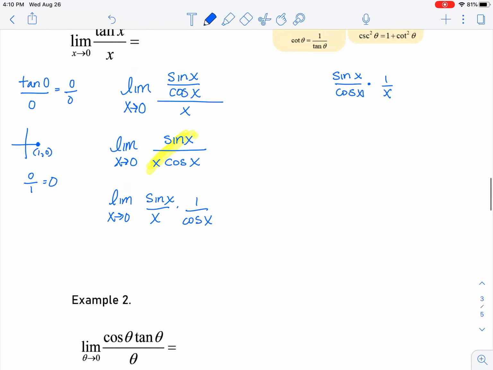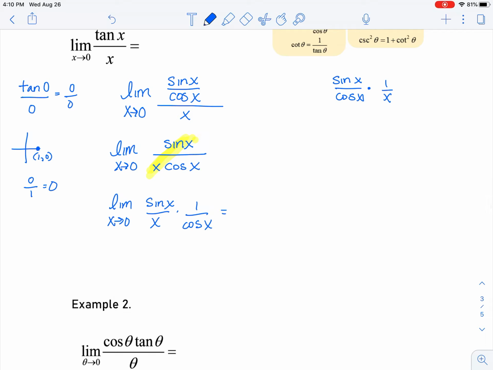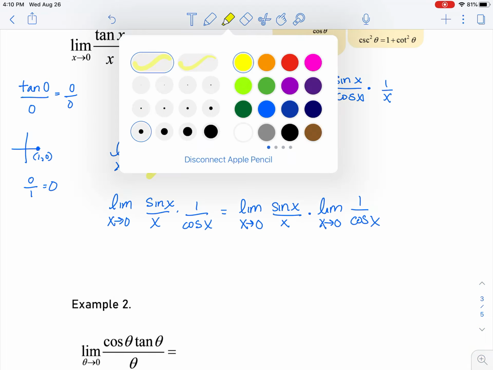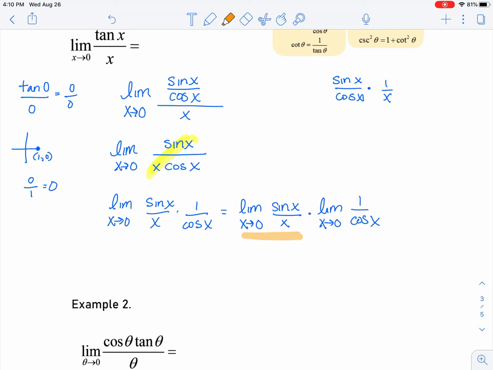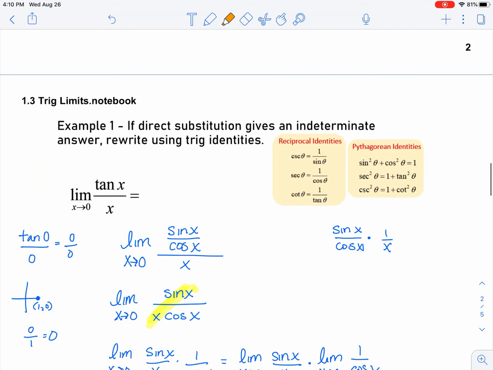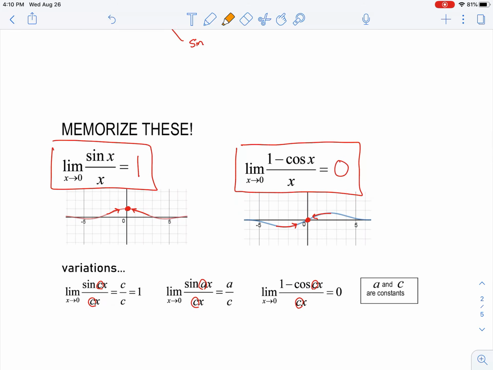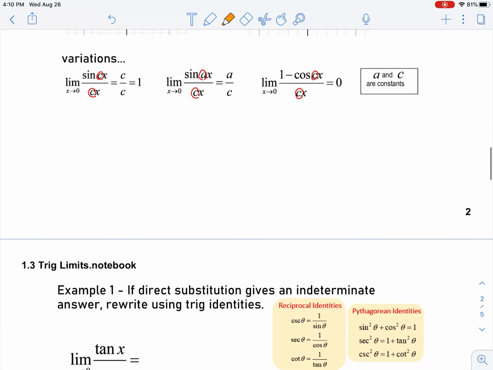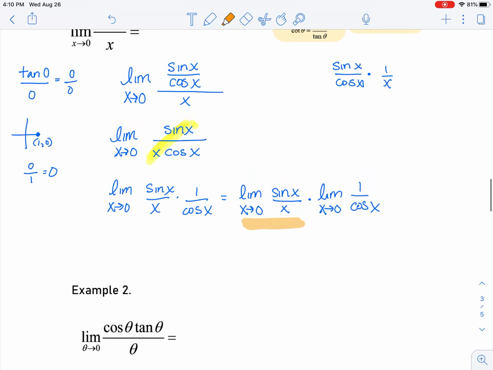So if we wanted to, we could rewrite it as the limit as x approaches 0 of sine x over x times the limit as x approaches 0 of 1 over cosine x. And our special case here is the limit of sine x over x as x approaches 0 is 1. So this is 1.